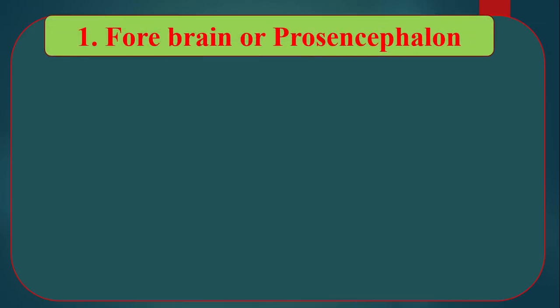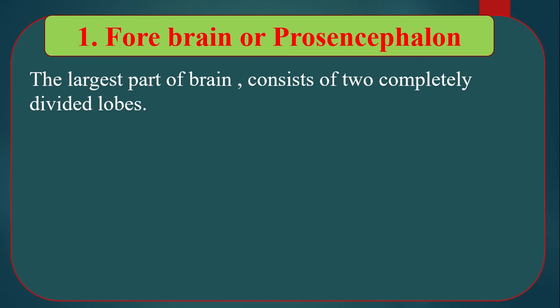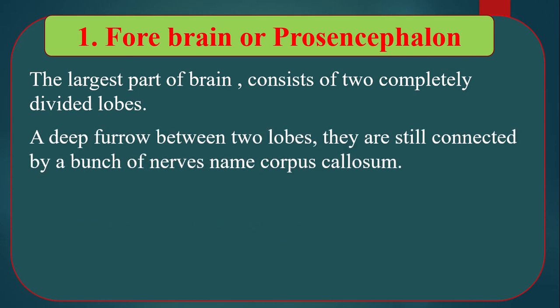Forebrain or prosencephalon. The largest part of brain consists of two completely divided lobes. These lobes are called left and right lobes, also called hemispheres: left hemisphere and right hemisphere.